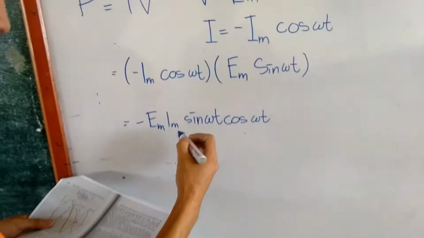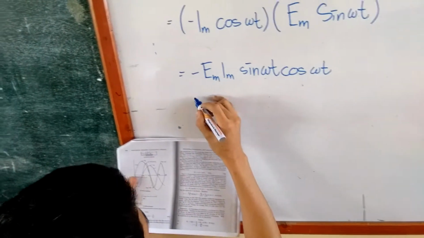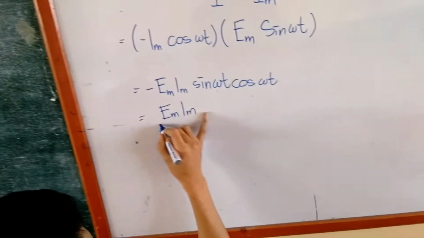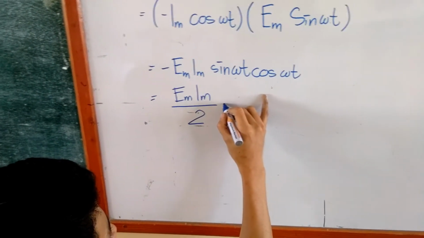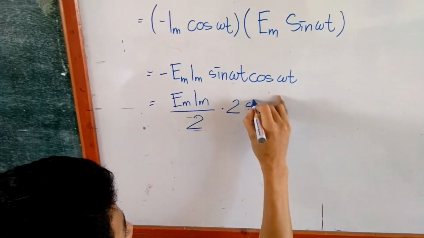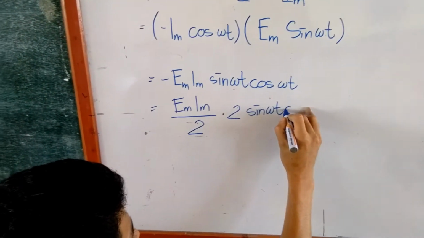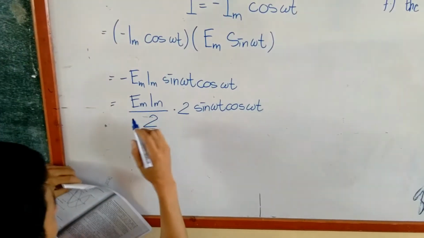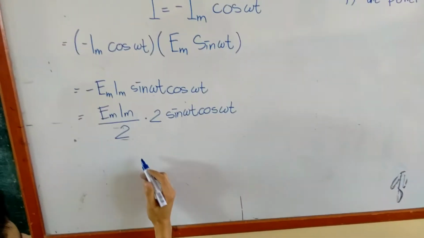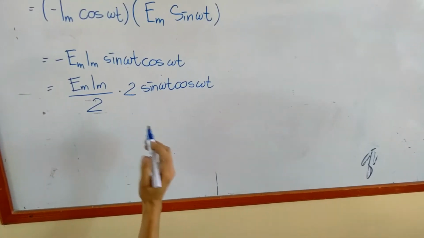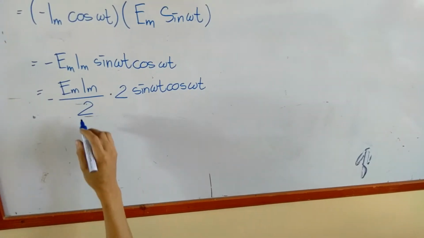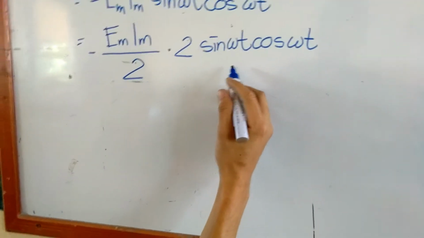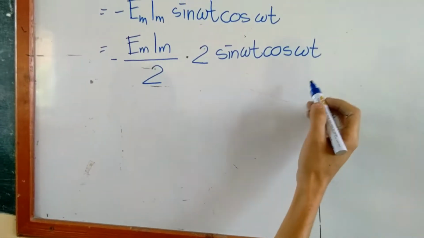Now, it can also be rewritten in this way: E_M I_M over 2 times 2 sine omega t cosine omega t. Since the negative E_M I_M sine omega t cosine omega t can also be rewritten into negative E_M I_M over 2 times 2 sine omega t cosine omega t.